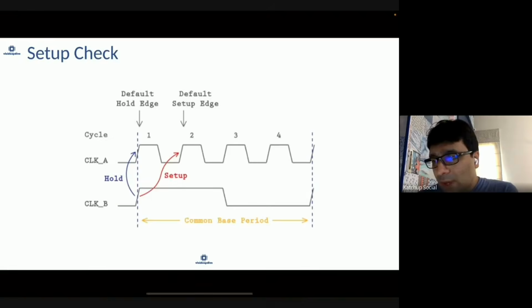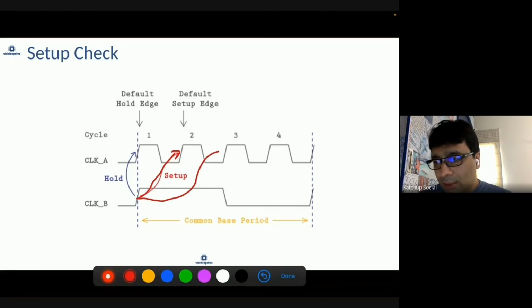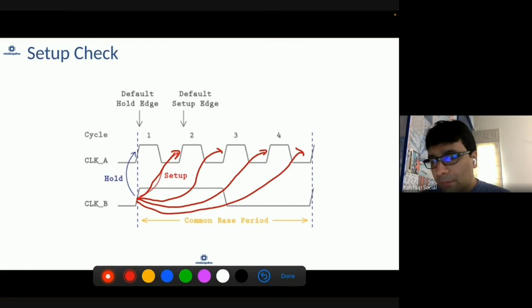So clocks are expanded to common base period, and in this case, one clock is a divided version of another. So you have expanded to common base period. You could have launched the data here, and this data can be captured here, here, here, and here.